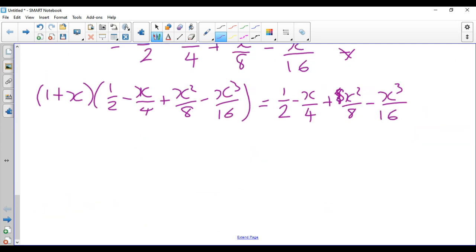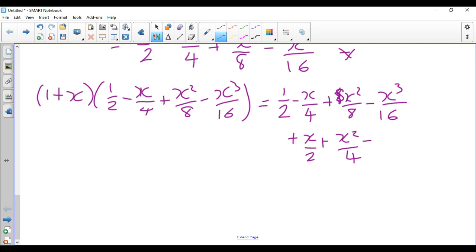Now if I times everything by x, and I might actually try and be a little bit clever here, plus x over 2 minus x squared over 4 plus x squared over 8. Let's be careful. Oh no, wait, that is a minus. Plus x cubed over 8, and I don't need to write the last term down, although I will do just to show that I haven't forgotten it with that layout.